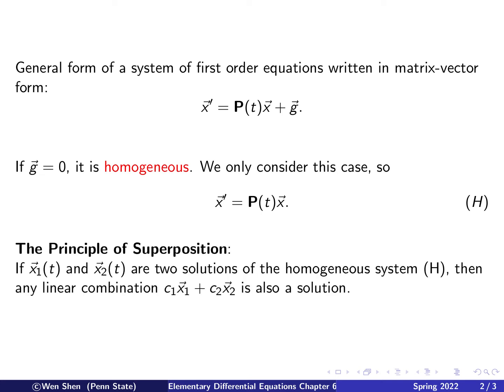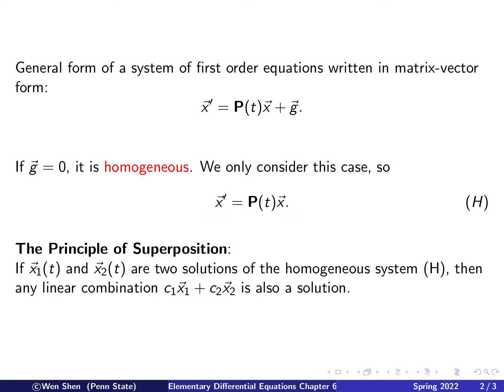Let's first review the principle of superposition. This principle we have encountered earlier in the study of linear homogeneous differential equations, and the same thing applies to systems. So let x1 and x2 both be solutions to this homogeneous equation above.